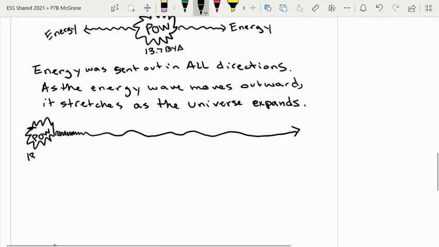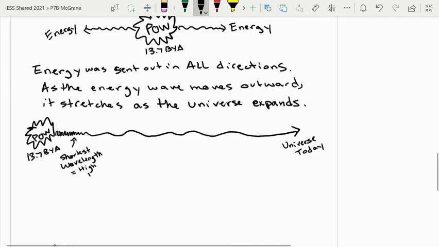This again was 13.7 billion years ago, and this is the universe today. We have very short wavelengths here, the shortest wavelengths, and we learned short wavelengths equals high energy.